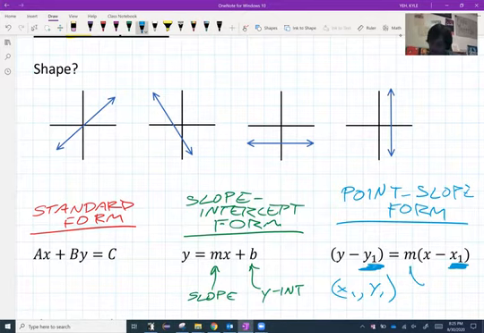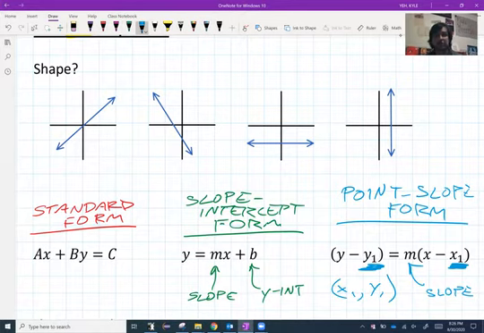And once again, we see this m, which represents the slope of the line. So y minus y1 equals m times x minus x1. That is point-slope form, and we're going to be diving a little deeper into that in a future section. For now, you should know that these are the three main ways to represent lines algebraically in these different forms.